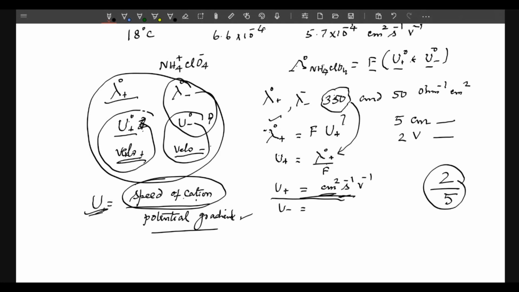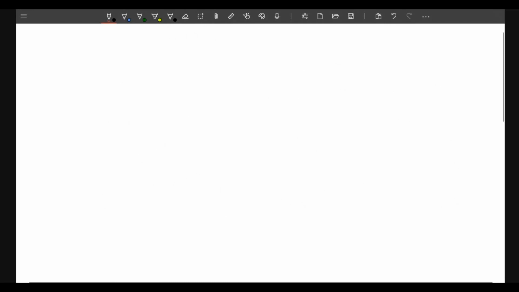This is another type of problem. I am going to the third type of problem in this section, and then I will wind up this one. Then we will go for the transport number. Take down this question. A dilute aqueous solution of potassium chloride was placed between two electrodes 10 centimeter apart.